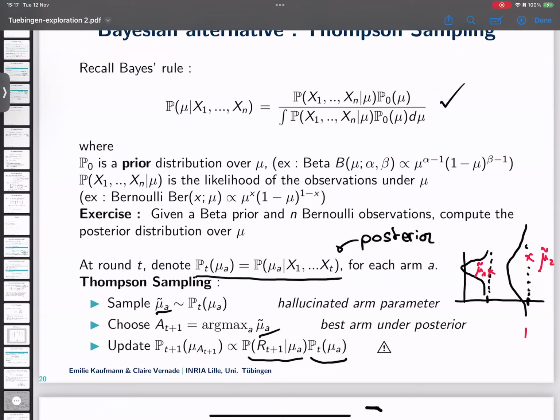If things are from the exponential families, we know how to do this as well with conjugate priors and conjugate posteriors. So there's an exercise in the tutorial where you will have to do this kind of little computation for the Bernoulli distribution and the beta prior. So that's also quite nice to see that things work out well if you are in this kind of exponential family. But in general, it's not so easy.